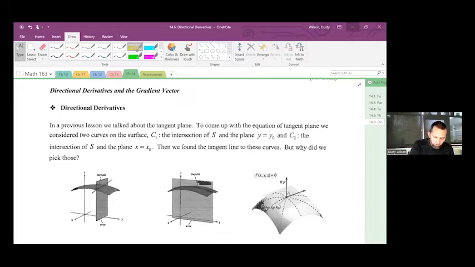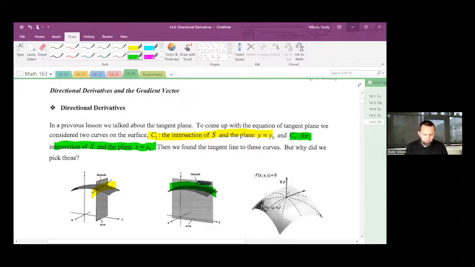So just a reminder, once again, C1, the intersection of S and the plane y equals y naught, would be this intersection line in the first picture. And C2, the intersection of S and the plane x equals x naught, would be this intersection curve, the green one, in the second picture.